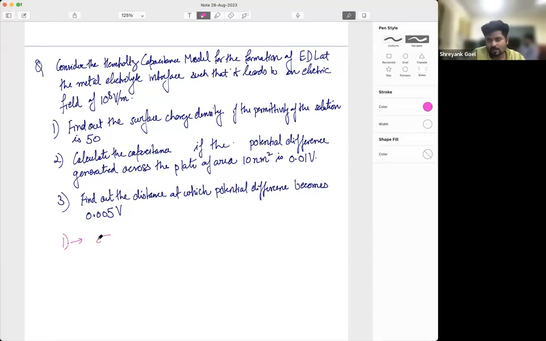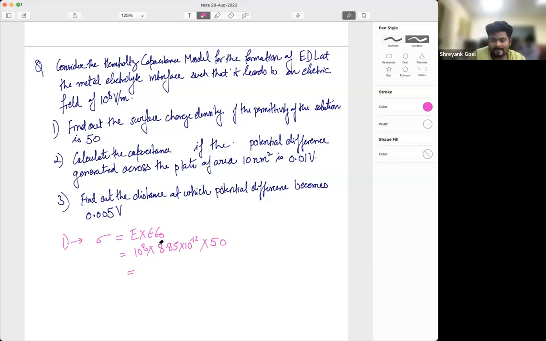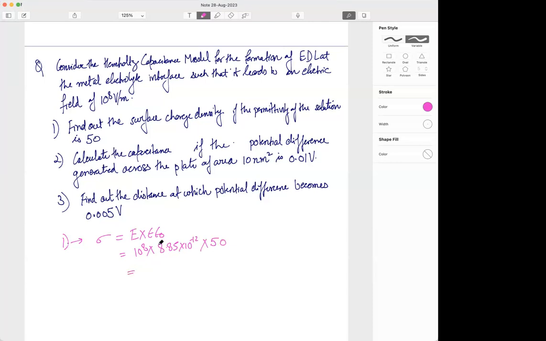The surface charge density is E into epsilon naught, so E is 10 to the 8 into epsilon naught. I got 0.044.